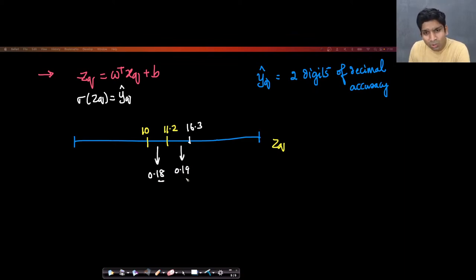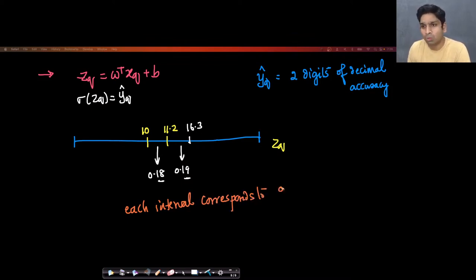Because I only need 2 decimal places of accuracy, I can break my whole ZQ region, this whole thing, into intervals such that each interval corresponds to one probability value.